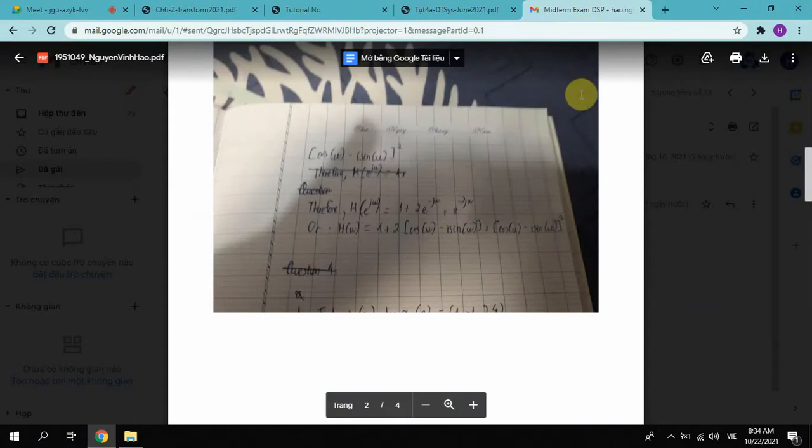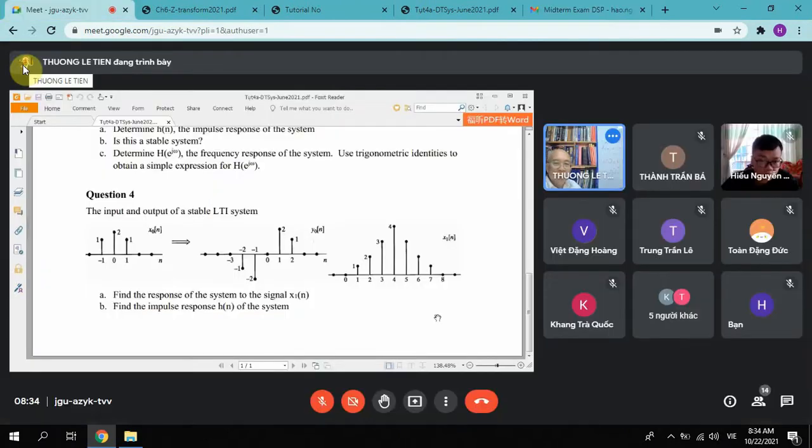What we can do, for example, your case, how? Now, how can we work out the response of the system to the signal x1[n]?